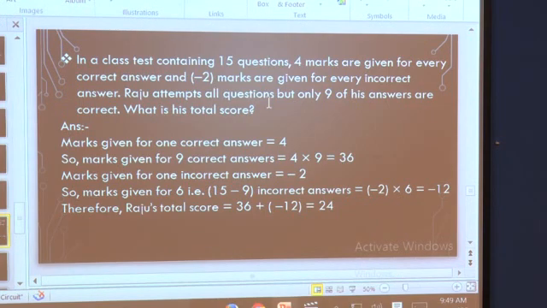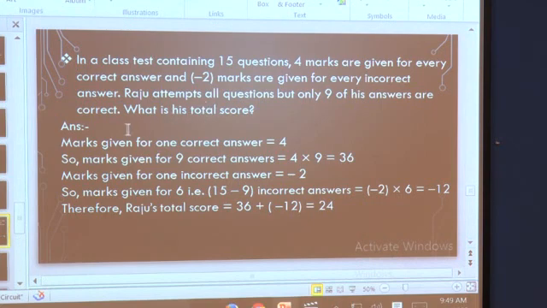Now Raju attempts all questions. He has attempted all questions, meaning how many? 15 questions. Yes, he attempted 15 questions, but only 9 of them were correct answers. Suppose you all are Raju. Now you have to find out his total score. Again the word total: remember this, we have to do all things one by one. Total means again we will go for a sum, or addition.